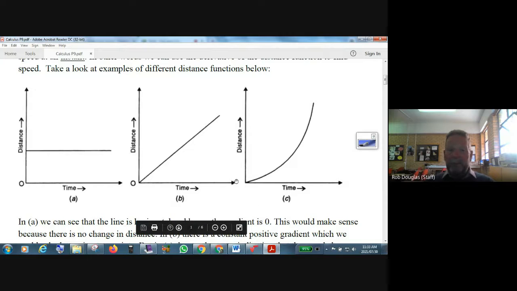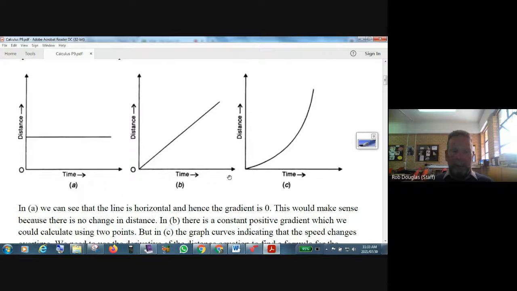So in a distance versus time graph, it's pretty important to be able to see these three things. A gradient of zero, or a rate of change of zero. This is a constant rate of change or a constant speed. And this is a changing rate of speed. Okay.